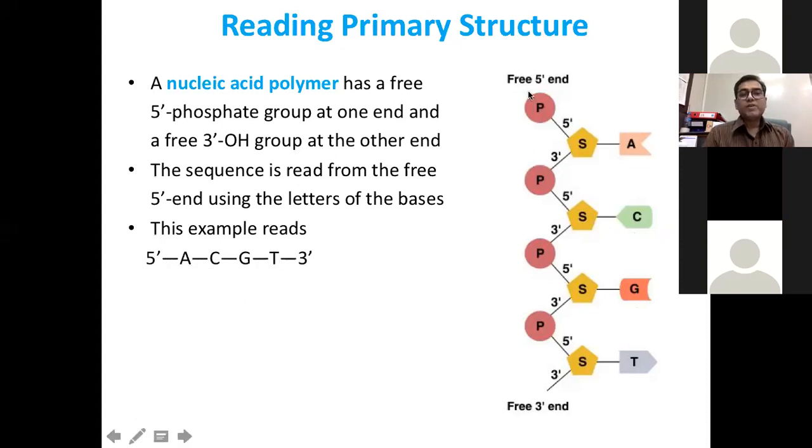So this is 5 prime, this end, 5 prime A, C, G, and T. So by convention or by design in molecular biology or genetics, we read the structure of the DNA or RNA templates in this way. So 5 prime to 3 prime, and the number of bases in between specify the direction of the template actually.